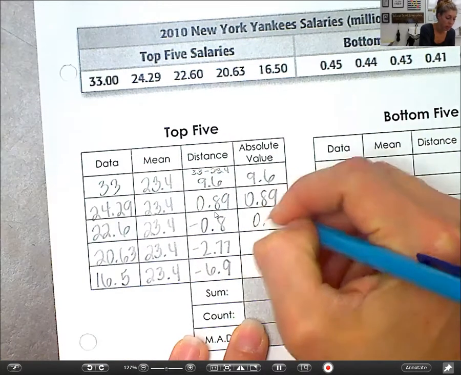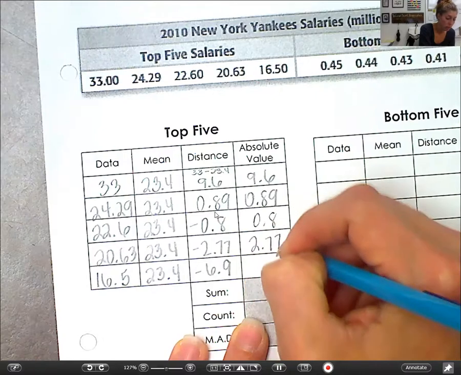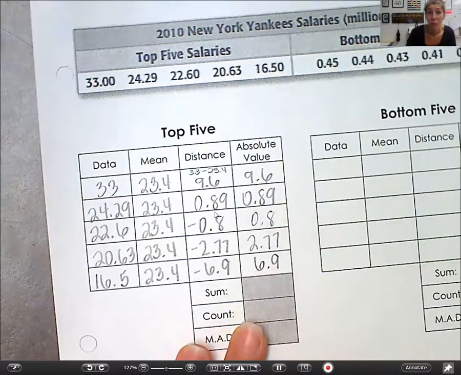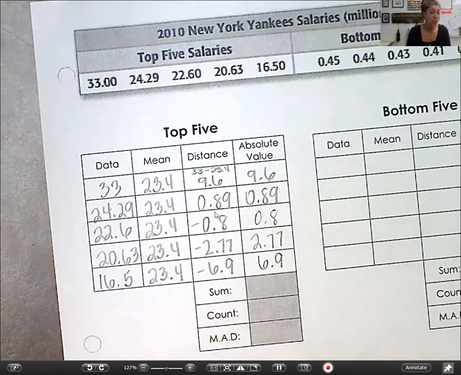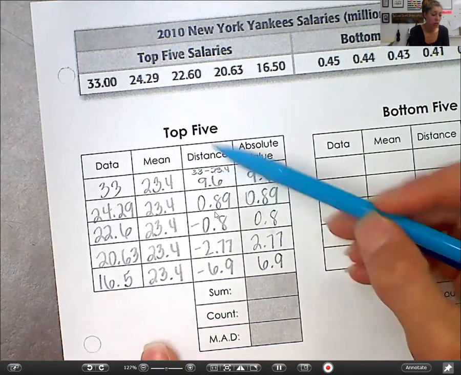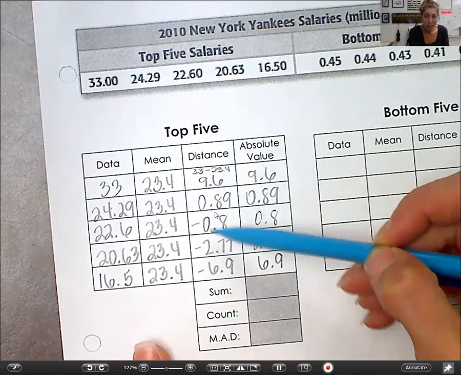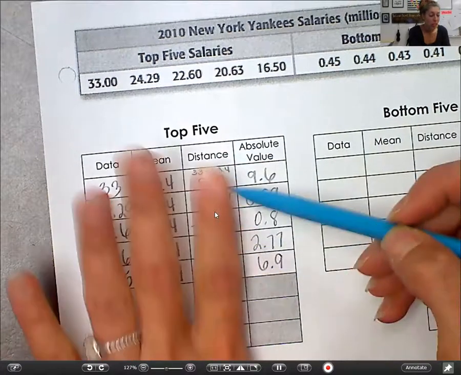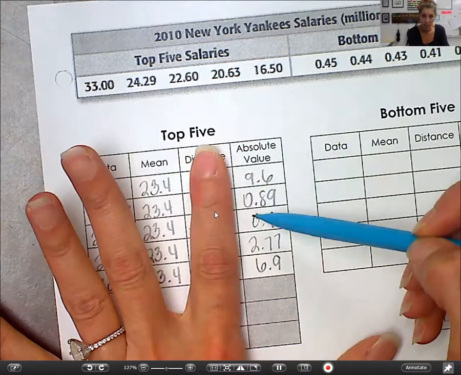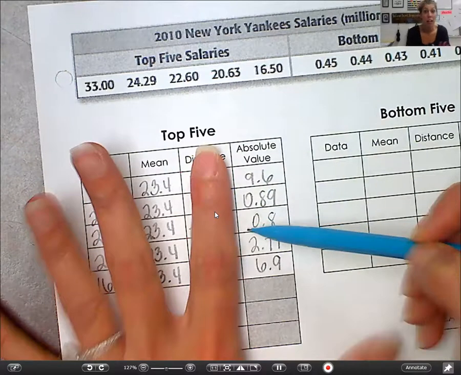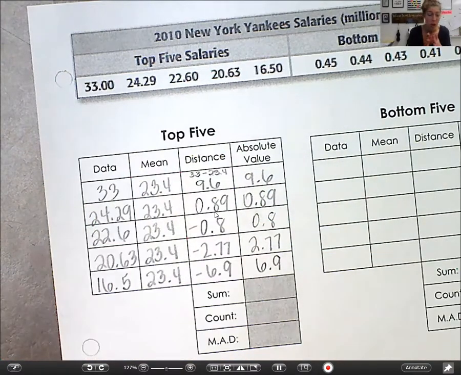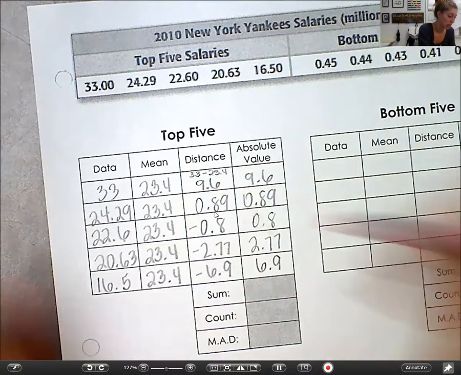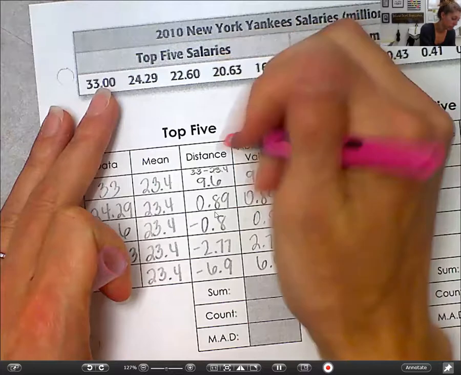I could care less if they have a negative in front of them or not. And I don't often say that, right? So this is kind of a shortcut you could take on your homework. Do you really need this column? Or could you just write out to the side, it's positive distance, right? That is a shortcut some of you could probably take. Okay, so I have the distances ready.